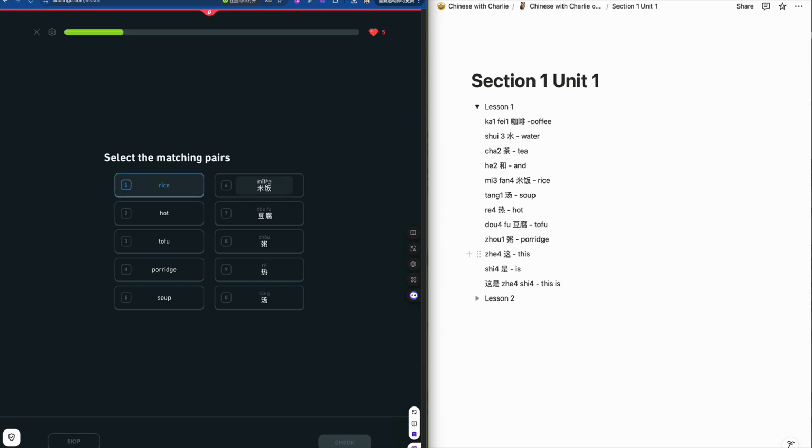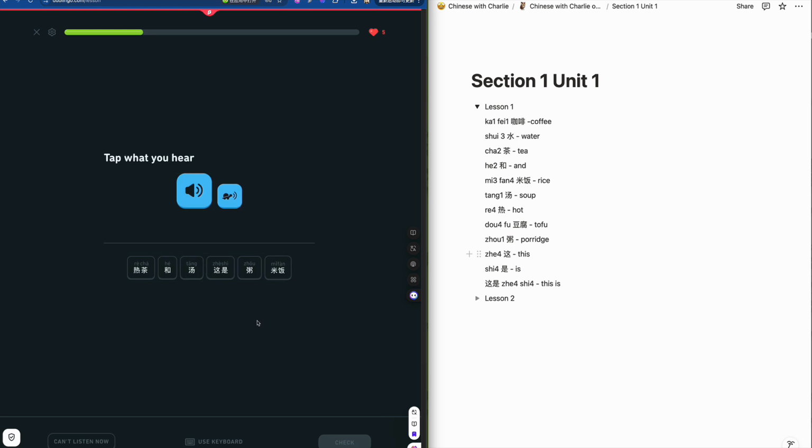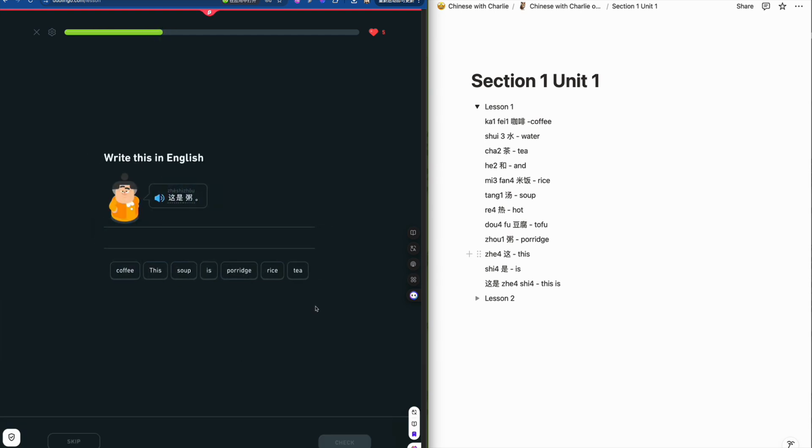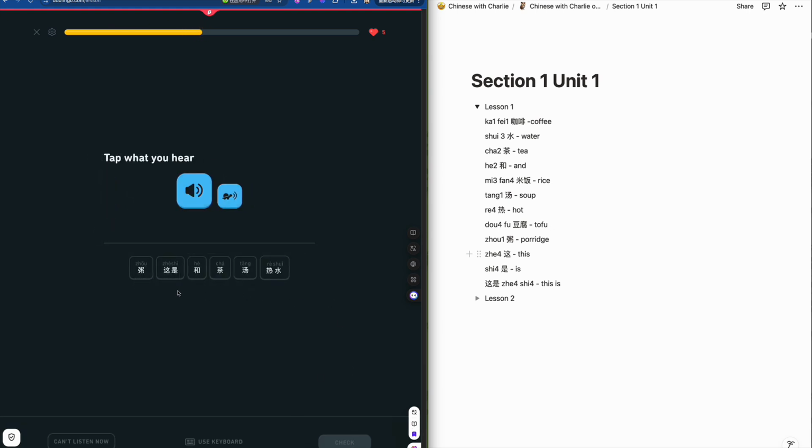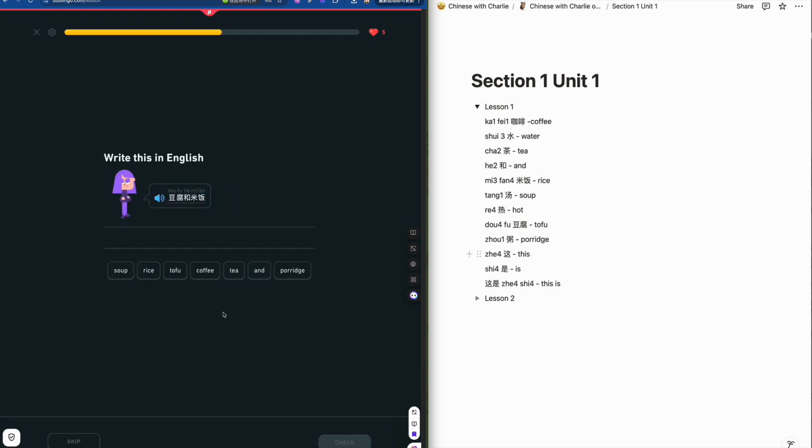Rice, 米饭. Hot, 热. Tofu, 豆腐. Porridge, 粥. 这是热茶, so this is hot tea. 这是粥, this is porridge. 这是热水, this is hot water. 豆腐和米饭, tofu and rice.